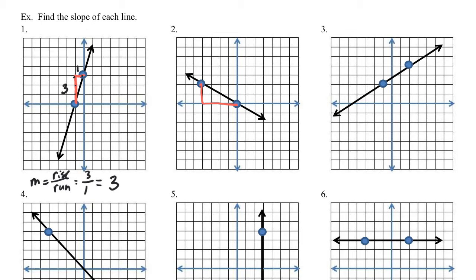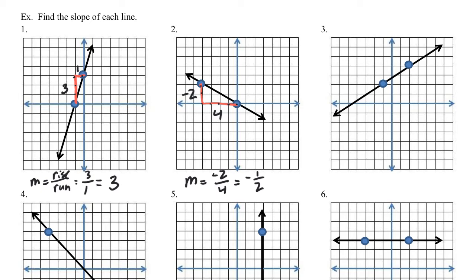When we think about going down, that's a negative movement for our slope, right? So we're going to go down 2 units, and then go right 4 units. That means our rise over our run is -2 over 4, which when we reduce it, we get -1/2.